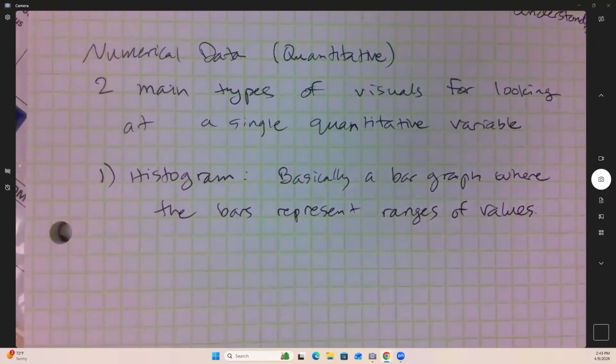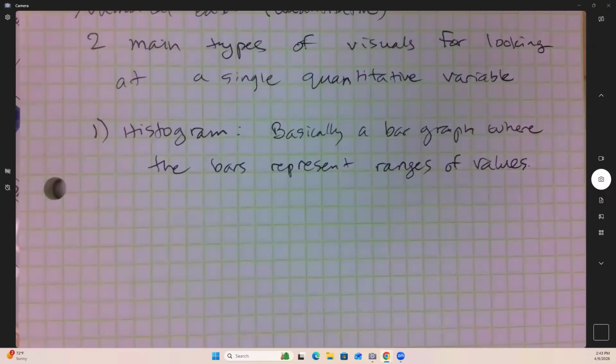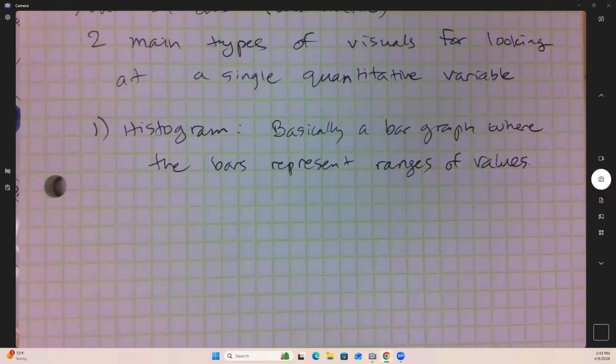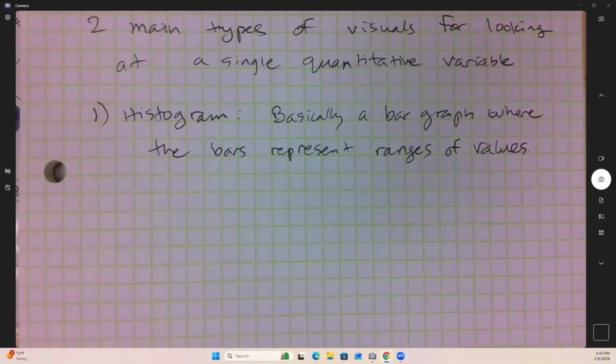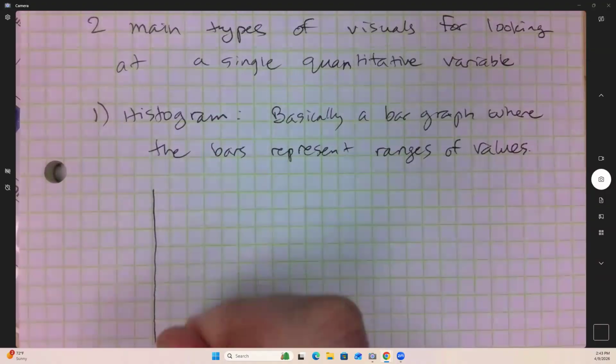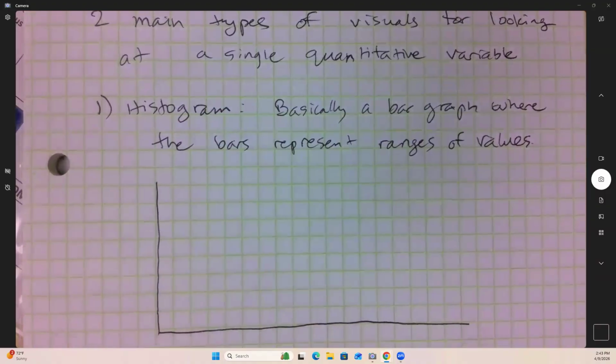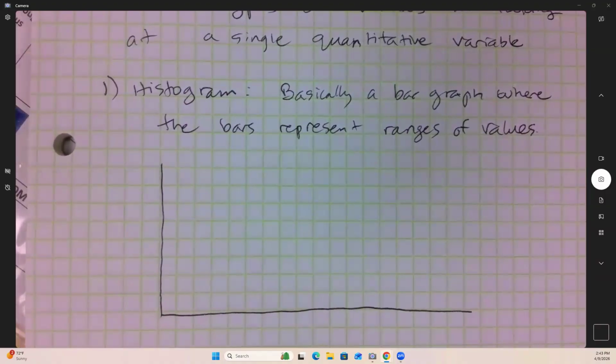So we kind of build ourselves a frequency table. You can look at a frequency table for quantitative data if you prefer looking at numbers, but we already dove deep into that with the qualitative data, so I'm not going to look too much into that. What we're going to do is lay out the space we need to make a bar graph.